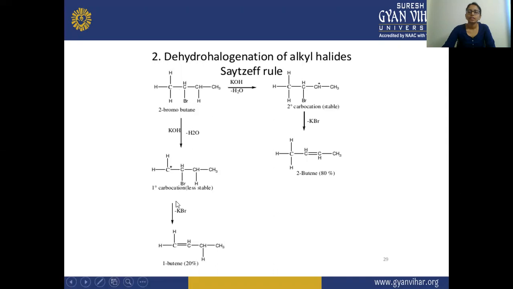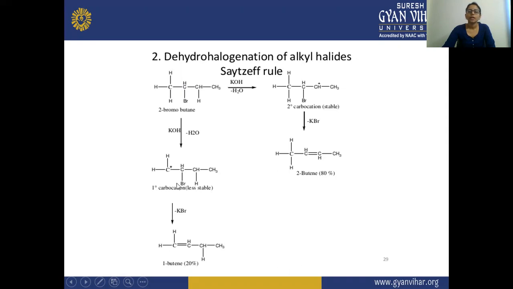This is the second reaction. In this you can see the KOH. When KOH reacts with 2-bromobutane, from this side of the carbon, this H, a proton, is removed from here, and there is a formation of this positive charge. Here this carbocation is formed. This carbocation is the primary carbocation.